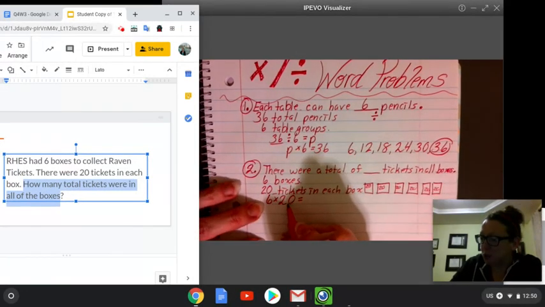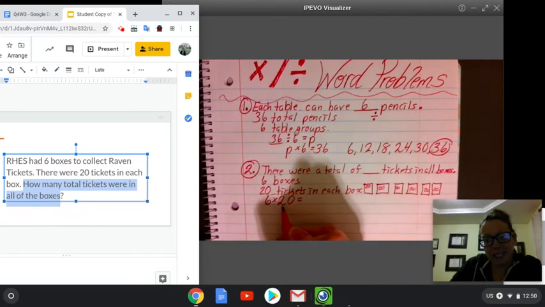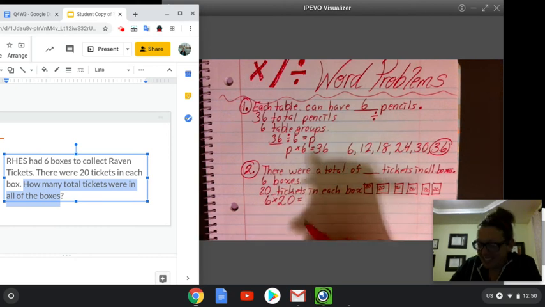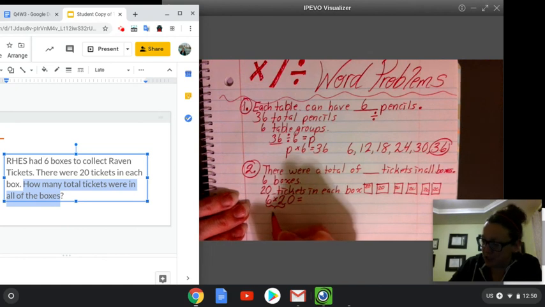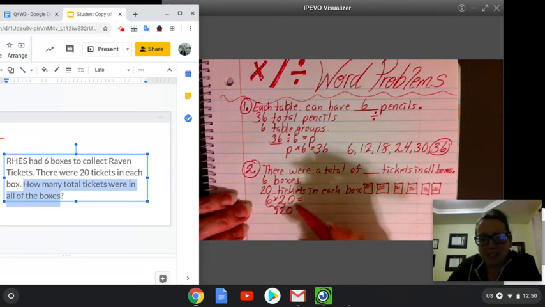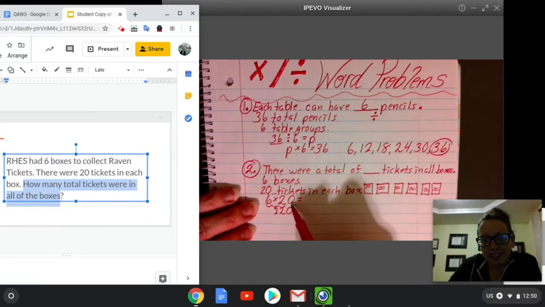So I can count by 20 6 times, but remember, 20 is a what kind of number? Great, it's a tens number. So I know that I can do 6 times 2, which is 12, and then I can slap the 0 because it doesn't matter how many times I have to add 20.